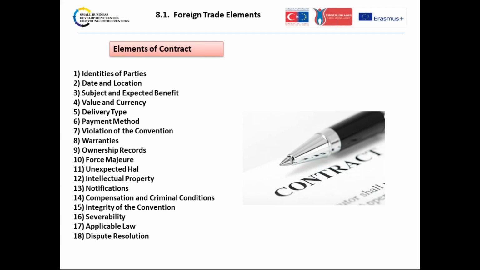If you indicate all these elements in your contracts, you are going to be very comfortable in your trading with these companies. So please pay attention to these things in your contracts.